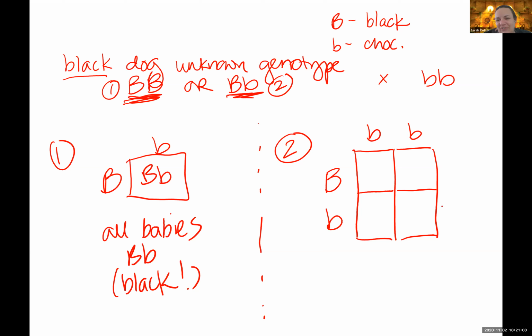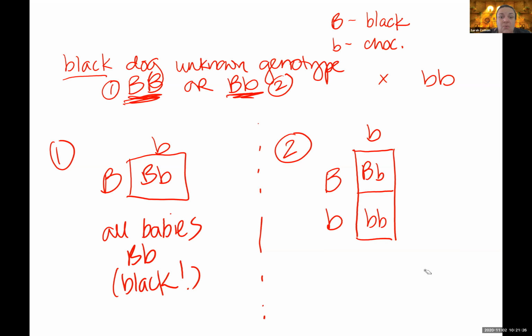Okay, so let's fill it in across and down, right? So big B, little b, little b, little b, big B, little b, little b, little b. And so remember, this column is just a duplicate of this. So we can actually just do that.